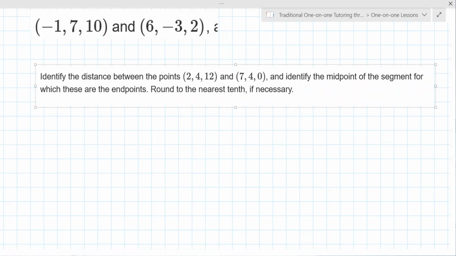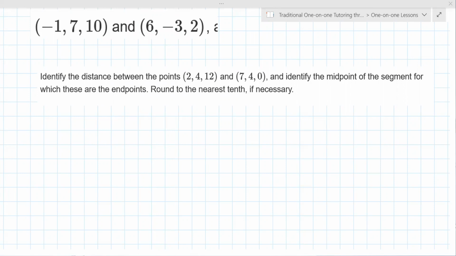So again, just give me the midpoint and then the distance for this last one. For the midpoint, I get 4.5, 4, and 6.